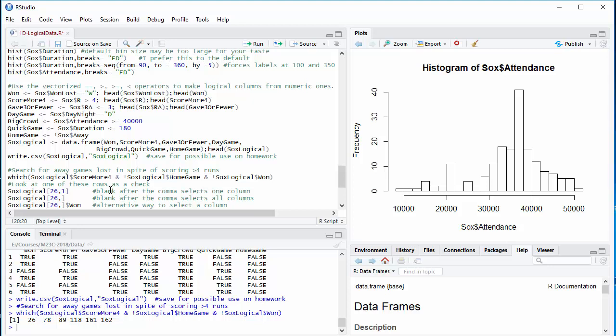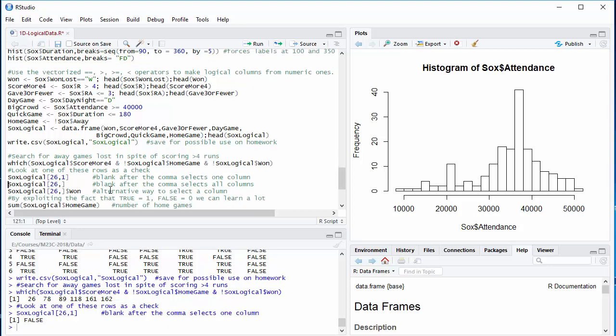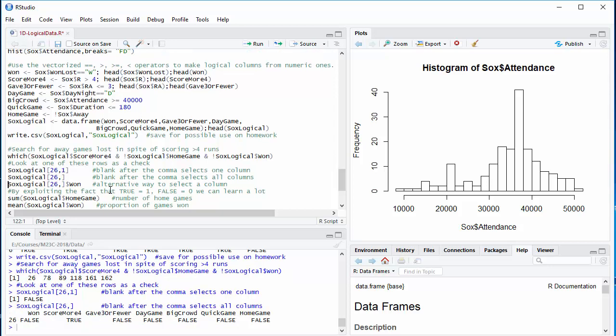Row index first, column index second, and it says the first entry in row 26 is false. If I want to look at the whole row, I just leave the second index blank, and now it gives me the whole row and obligingly provides the column headers on top of them.